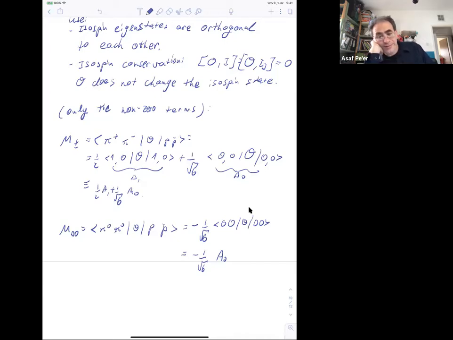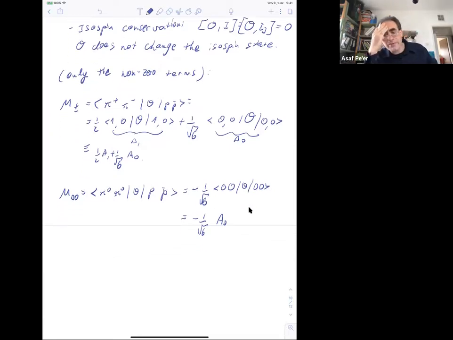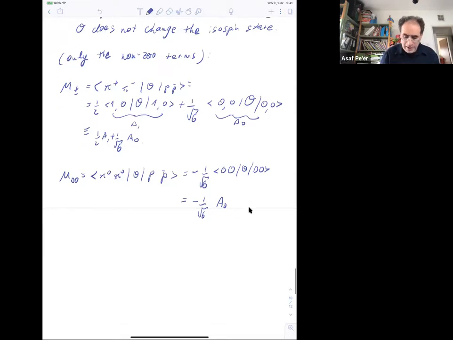Now the cross section is proportional to the square of the amplitude and the phase space. Since the masses of the pions are much smaller than the mass of the proton, the phase spaces are nearly the same. So I don't care about the phase spaces, and in any case we look at the ratio.